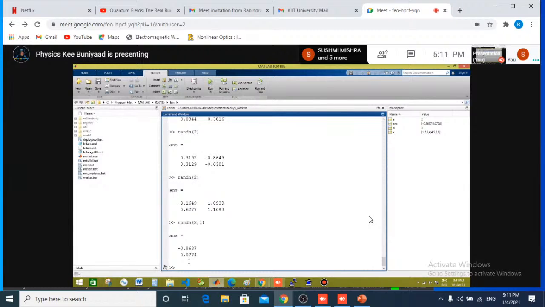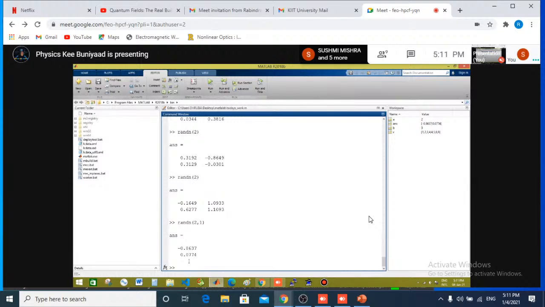Now x is a vector and y is a vector, then max of x, y and min of x, y. So here are two matrices, one is y having these values and x having these values.